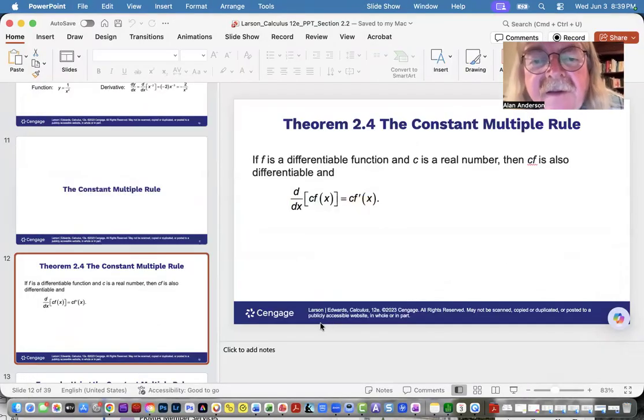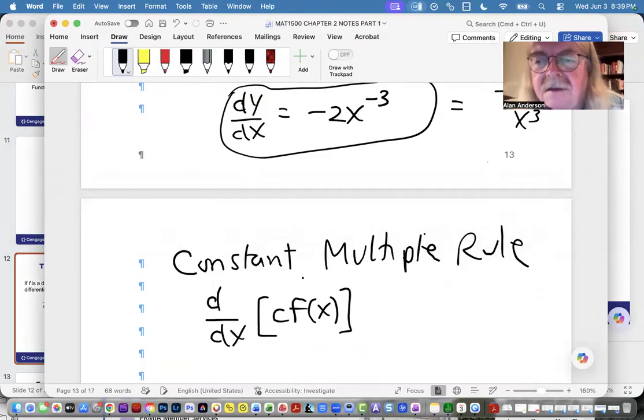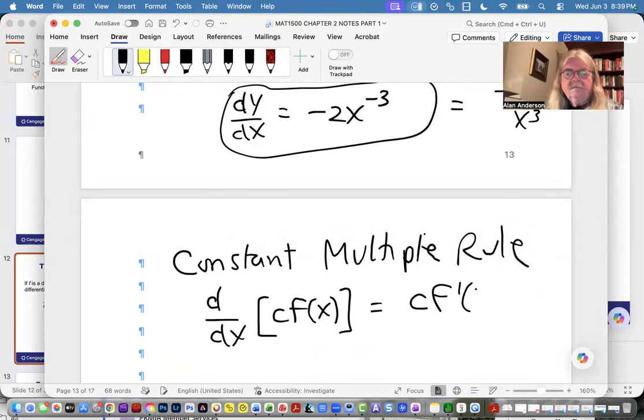It's just some function f of x with a c. C is a constant. So like the c basically just stays at c. No matter what happens to f of x, when you take its derivative, you still end up with just c f prime of x.